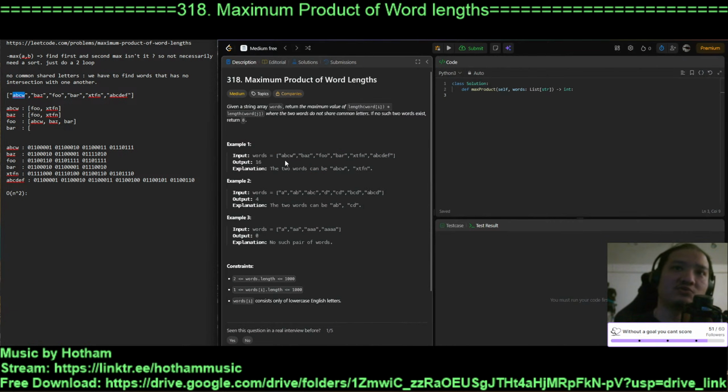Another approach we could do is compare the difference between a frequency table, right? So let's see if our O(n squared) works, right?